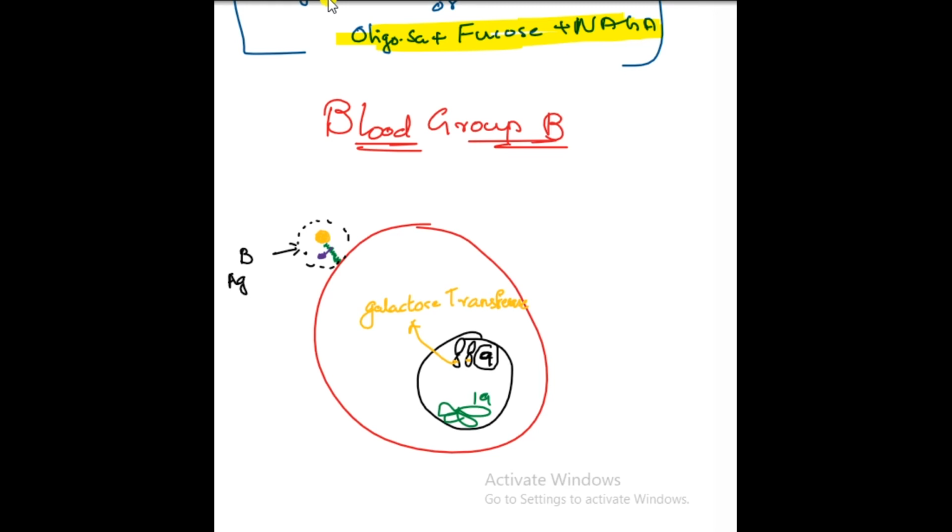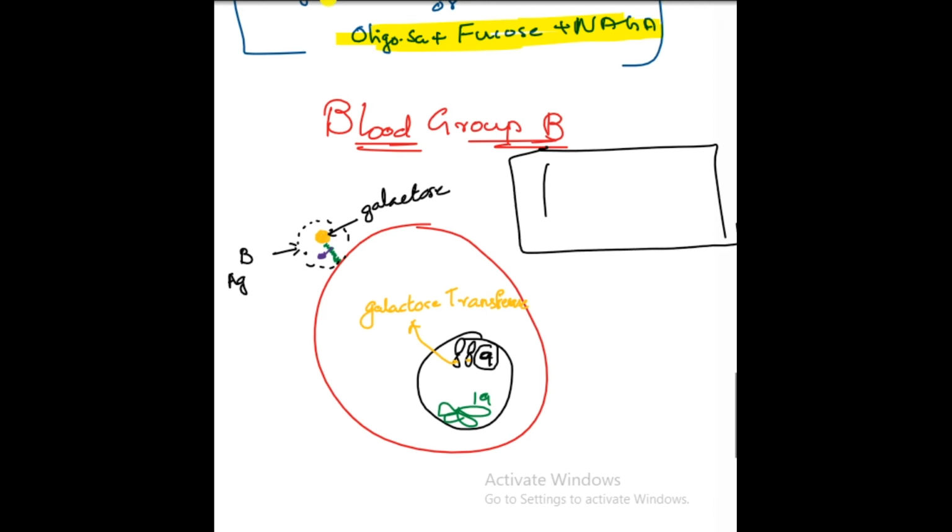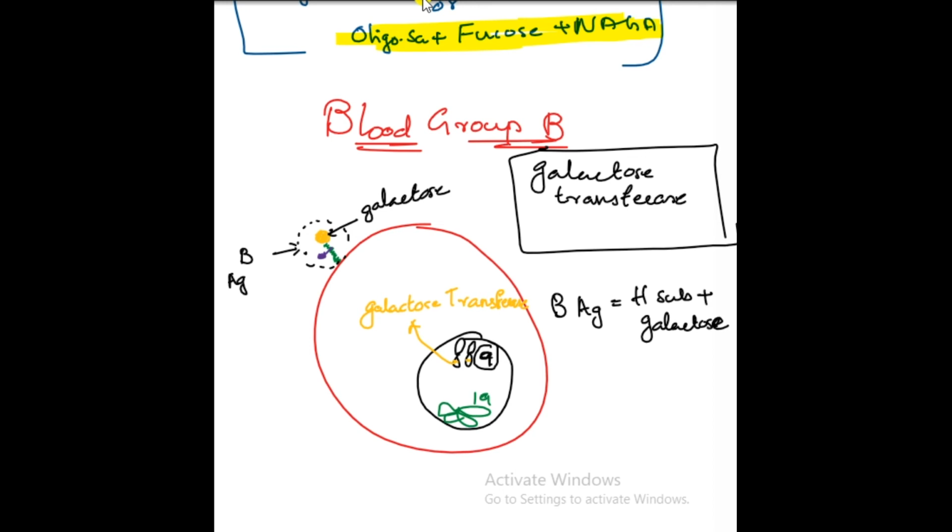So the galactose transferase, or transferase B, helps in the transfer of the galactose to the H antigen. So the enzyme here is galactose transferase or transferase B. B antigen is composed of H substance and the galactose. Now you understand the concept, right?